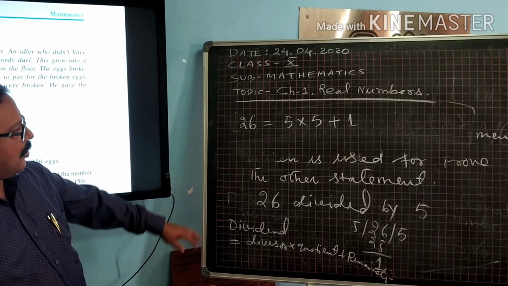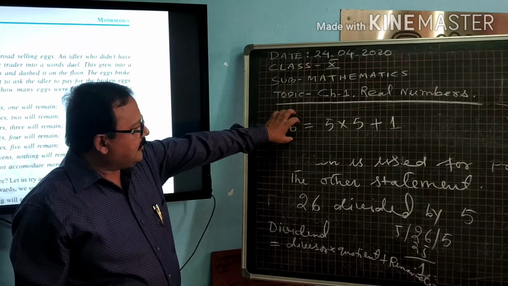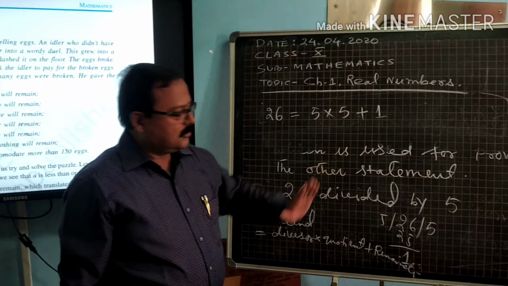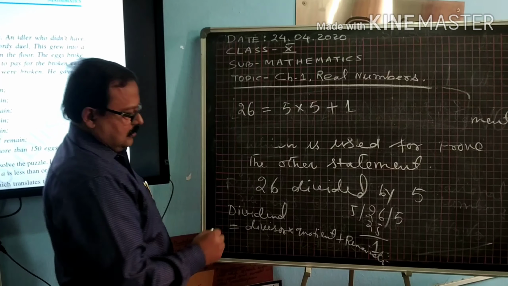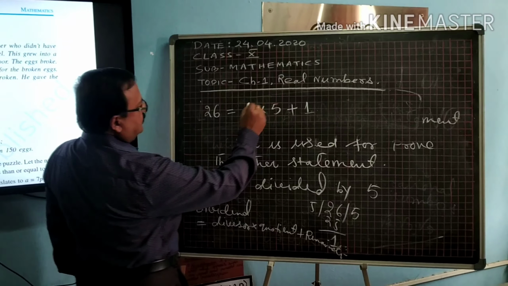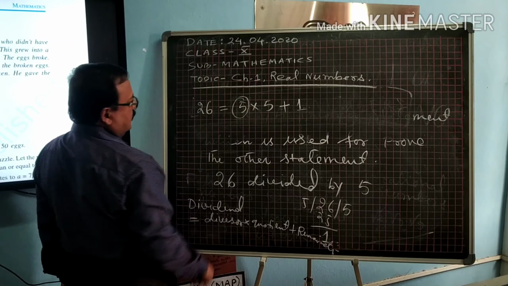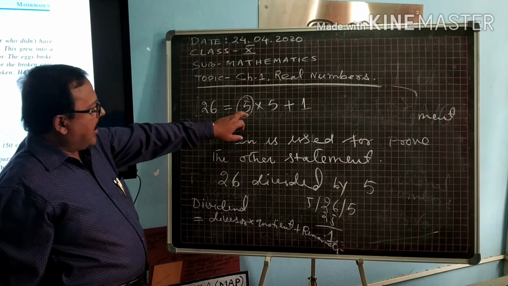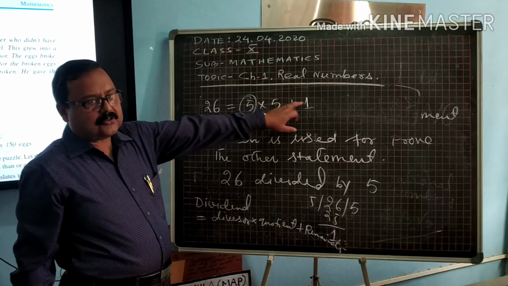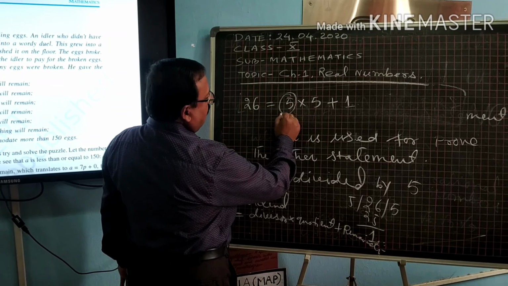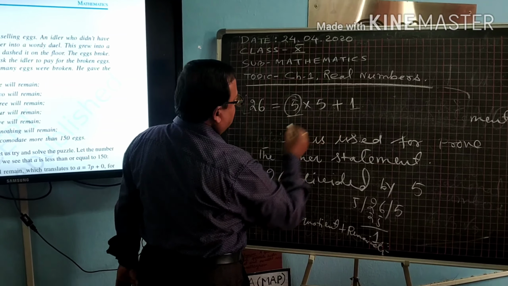Now we observe that when a number is divided by another number, we get these things. Here quotient is 5, divisor is 5, so 5 into 5 plus 1.